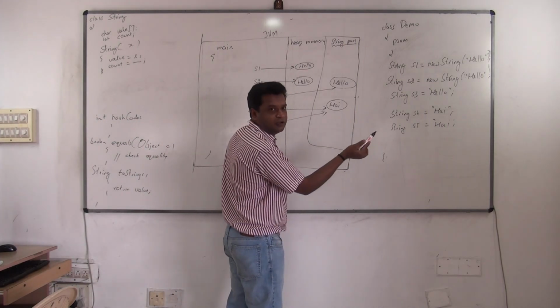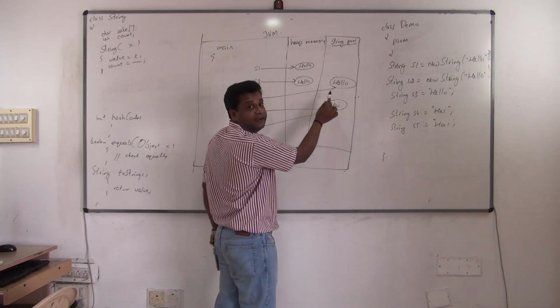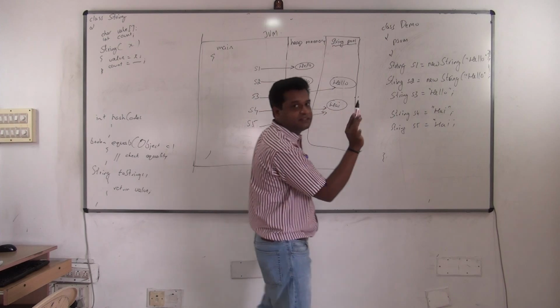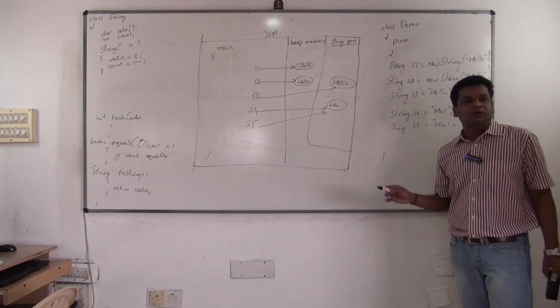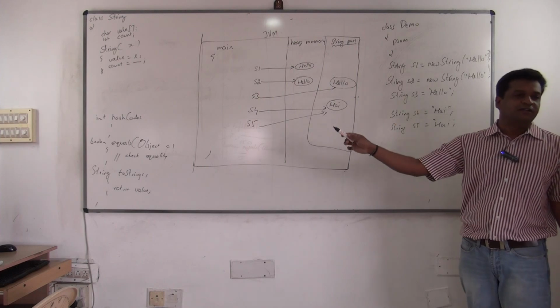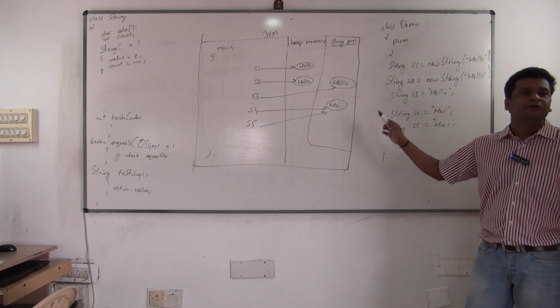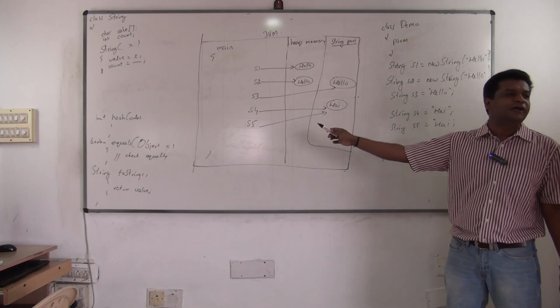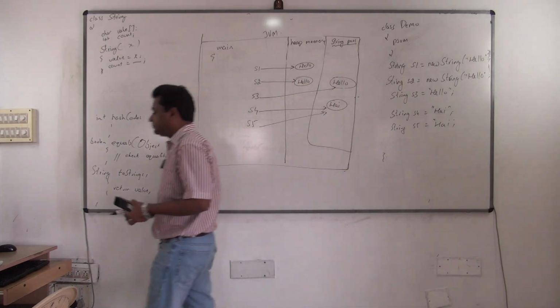Whenever you are trying to create a string object, first it checks in the pool. If it is there inside the pool, it will not create it. But if you say new, then one more will be created outside the pool. If you don't say new, the same value which is there in the pool will be given to the reference variable. Understood? So this is the story here.